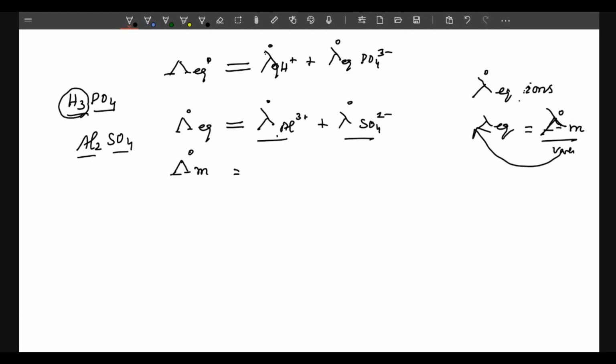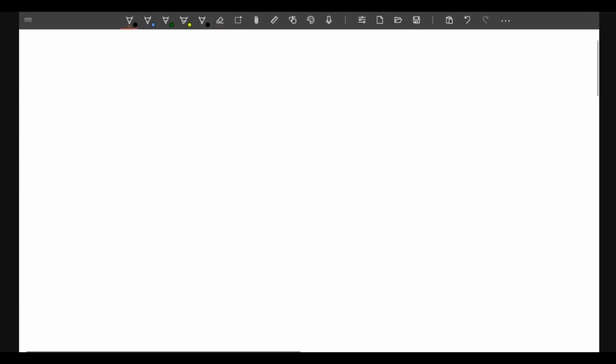And after seeing this, we are going to give the applications of the Kohlrausch law. First application, the Kohlrausch law can be used to calculate the limiting conductivity, either equivalent or molar conductivity of a weak electrolyte. Because for weak electrolyte, it is not possible to calculate this directly.